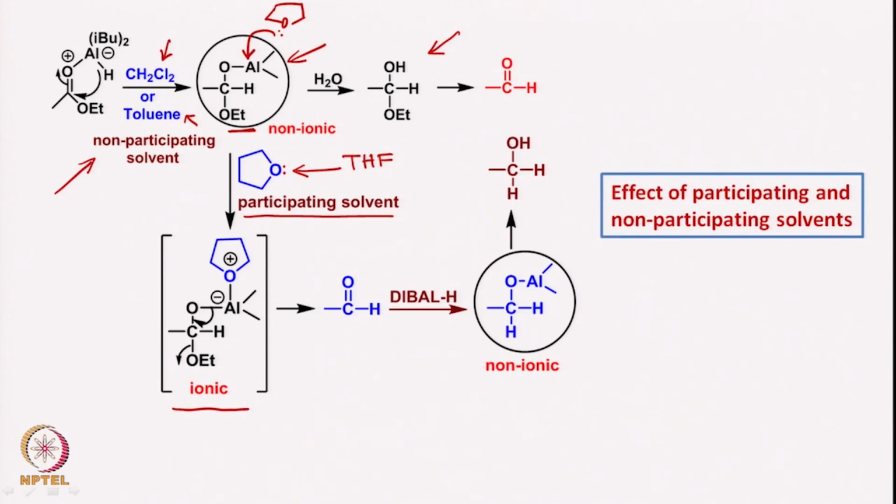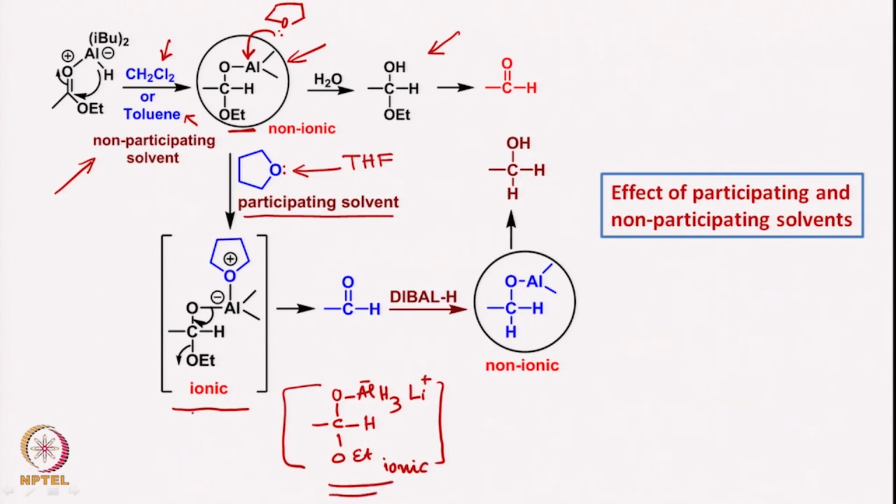So now if you look at this particular intermediate, which is ionic in nature, and compare it with the similar type of intermediate which is formed during the reaction with lithium aluminum hydride, then we have a similar ionic intermediate. So this ionic intermediate is similar to this ionic intermediate.